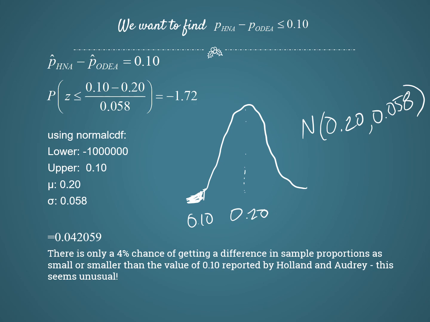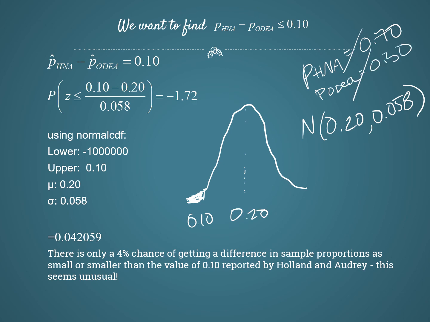Okay, so when I do that, I get 0.042059. So there's only a 4% chance of getting a value in sample proportions smaller than the value of 0.1 reported by Audrey and Holland. This seems unusual, which means that that is actually what they got. So that means that this proportion of H&A being 70 and O'Day being 50 must not be true.